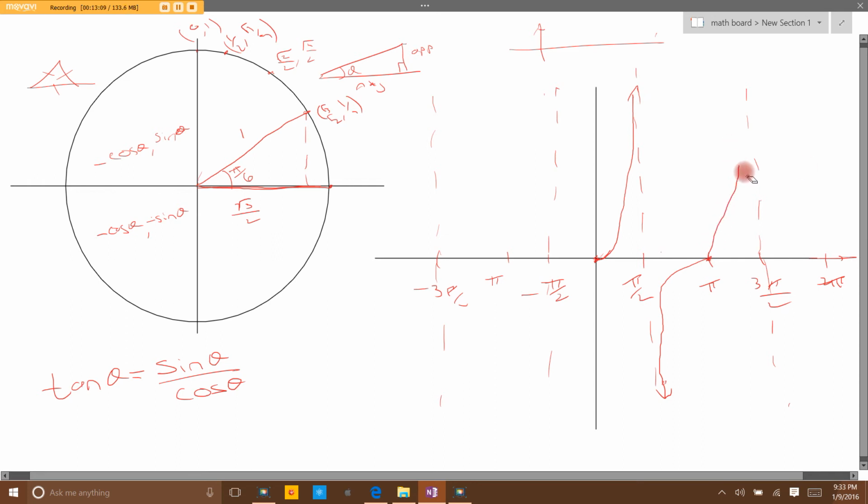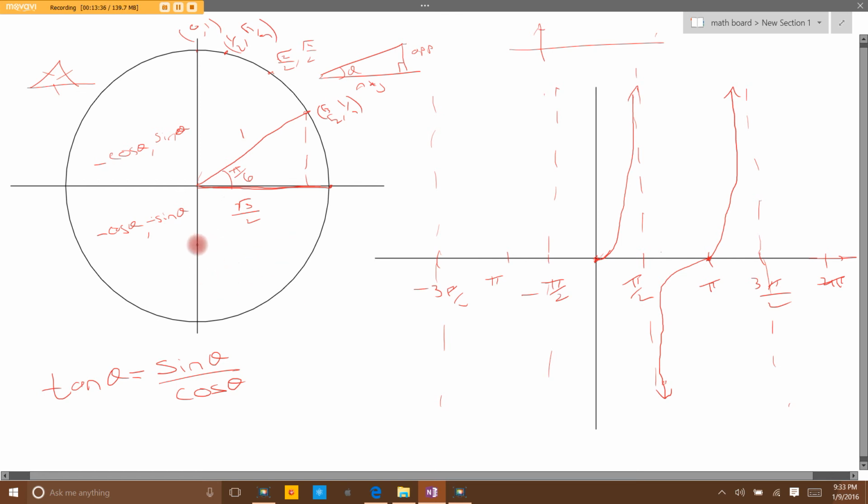I'm just going to show you the graph at the end so you guys can get it. Alright? Cool. And then again, cosine starts to approach 0 here, and that's why it's drawn towards infinity here.